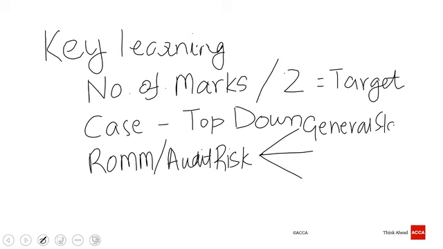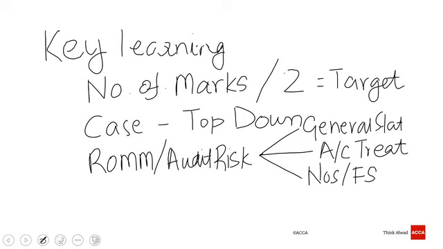So you have to look for the journal statements in the case study. You have to look for the accounting treatments in the case study, or you have to look for the numbers, the financial statements, because all of them can provide risks towards building up your answer.